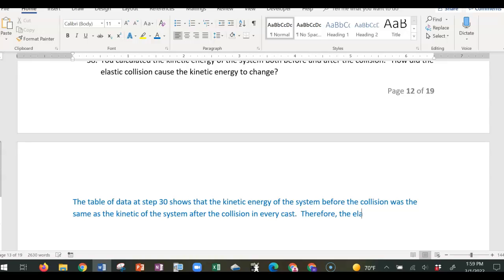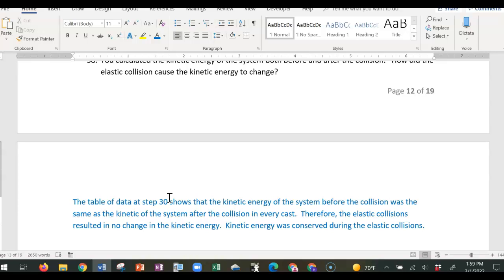Therefore, the elastic collisions resulted in no change in the kinetic energy. So kinetic energy was conserved during the elastic collisions, right? We had the same amount both before and after the elastic collisions. Okay, so that wraps up part 2.